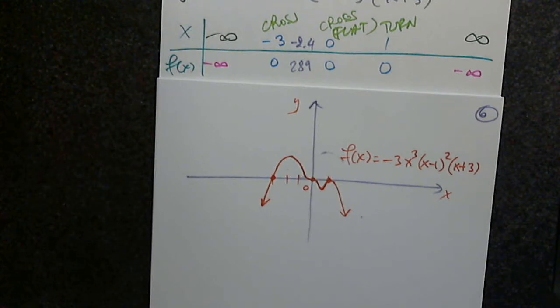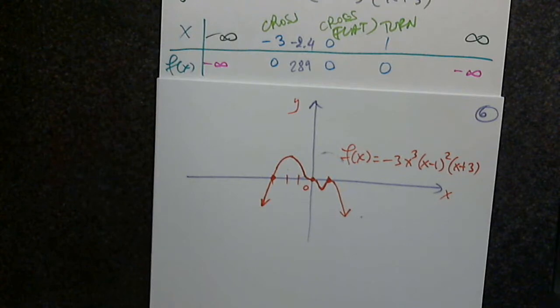Excellent. So it's coming from that maximum value. It crosses flat. It comes to a minimum. It goes up to 1, 0, where it turns and comes down to negative infinity. So now I can determine this minimum between 0 and 1. Second and calc. I want the minimum now between 0 and 1.